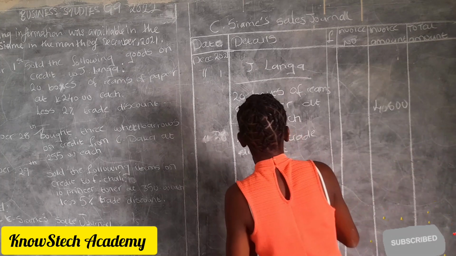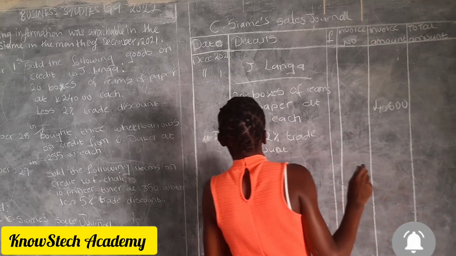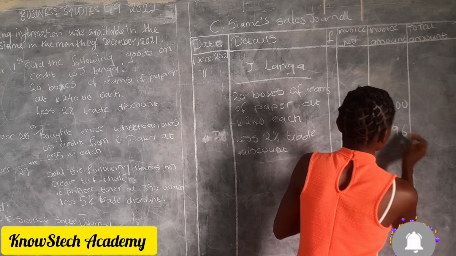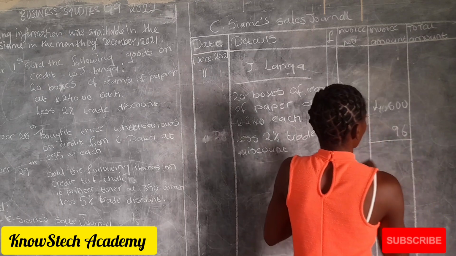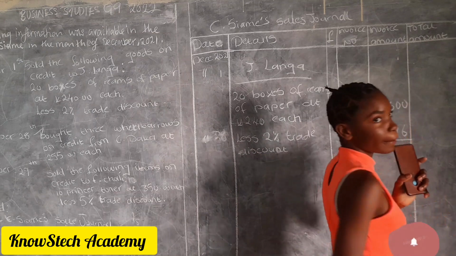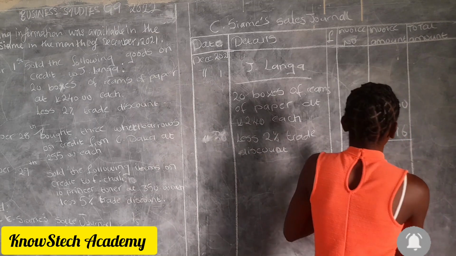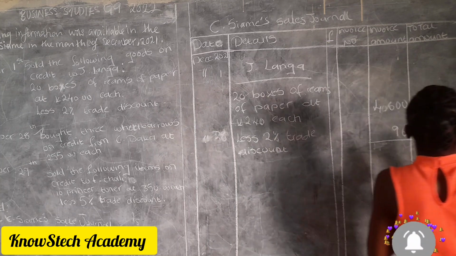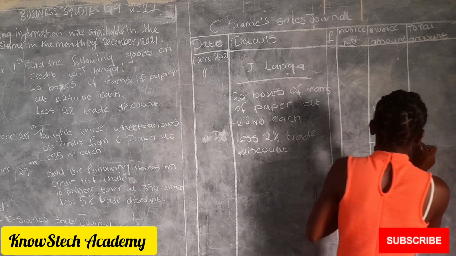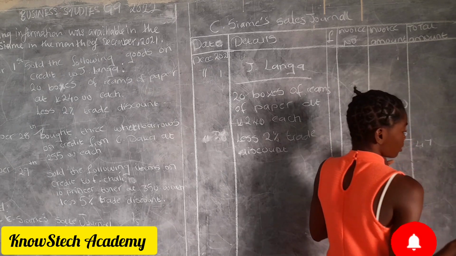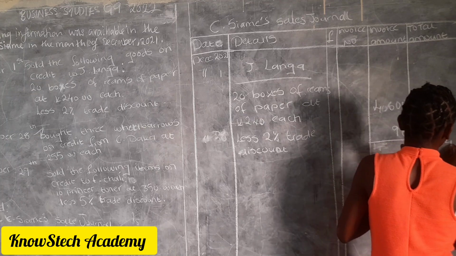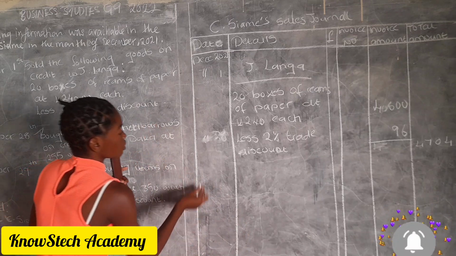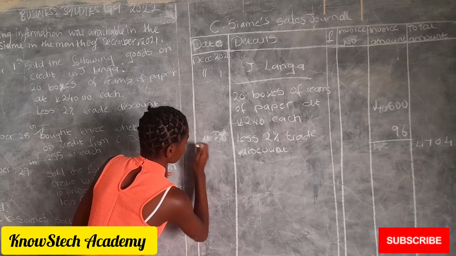So after finding the discount, we're going to write it here. It's 96. And then here we're going to subtract. Oh, sorry. We're going to write our total amount in the last column, which is 4,704.